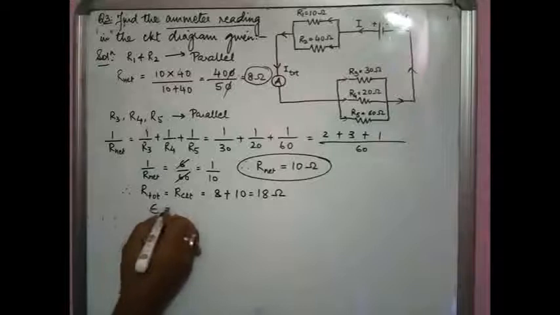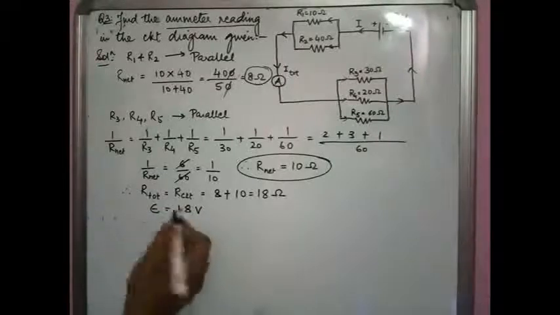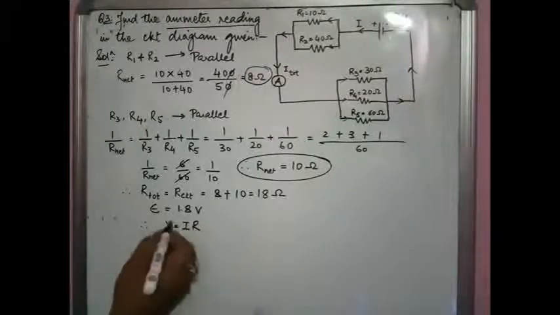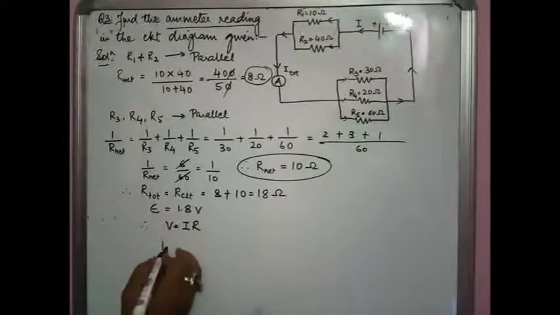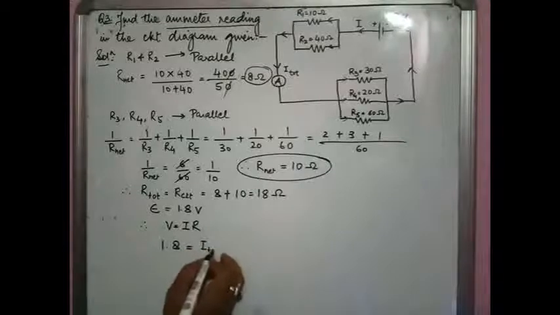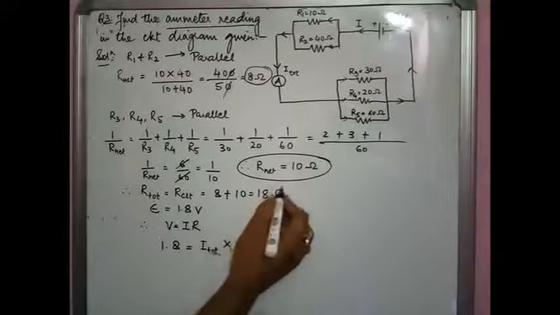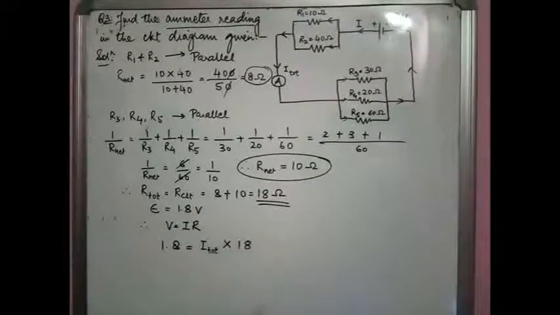What is the battery voltage? Battery voltage is 1.8 volts. Therefore use the formula V is equal to IR. Here V is the total battery voltage, so 1.8 equals I total, which we have to find, multiplied by R total. R total we have just calculated, it is 18 ohms.